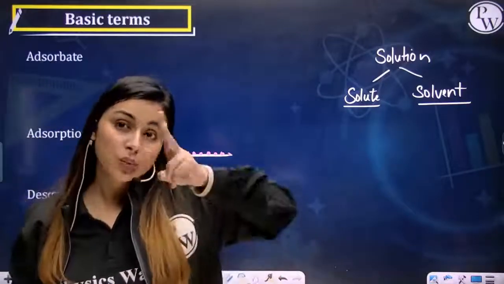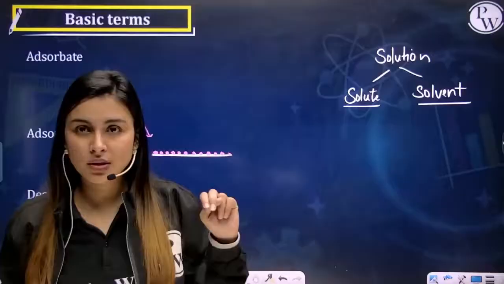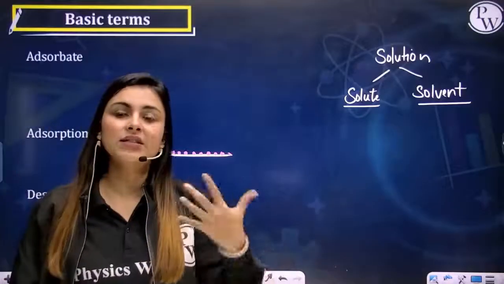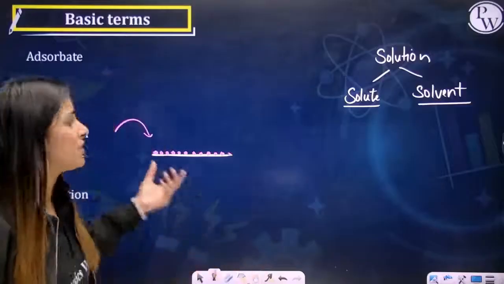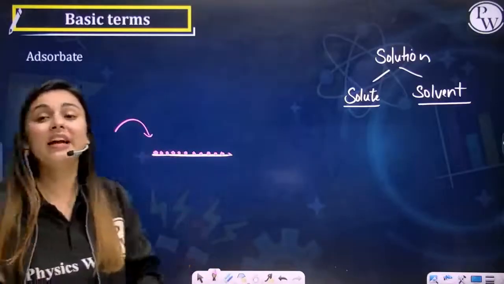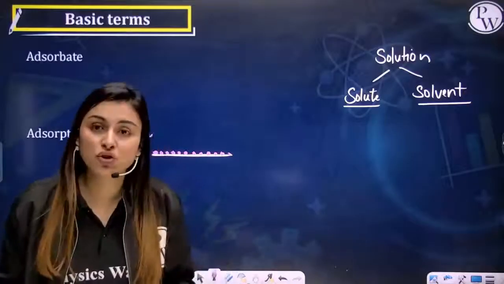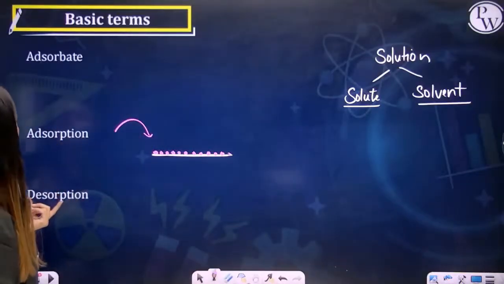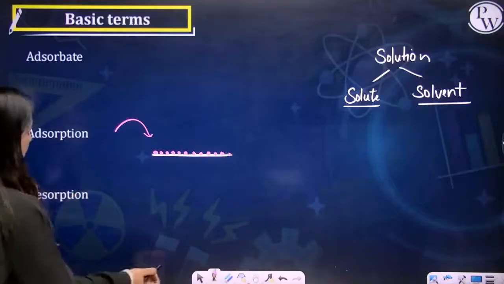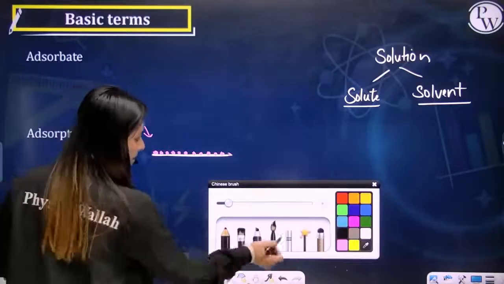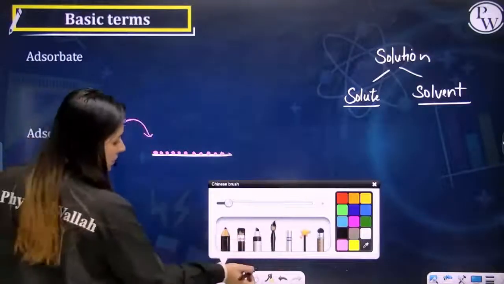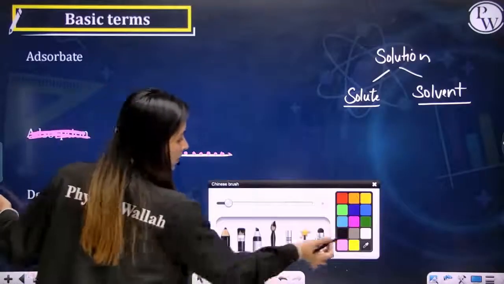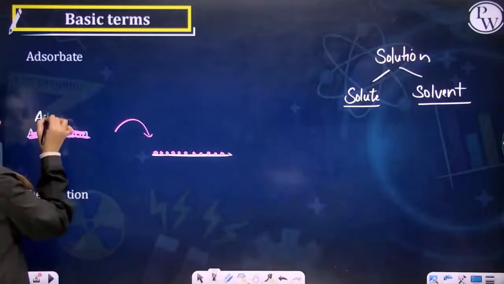The one that gets adsorbed on the surface is known as your adsorbate, and the one that provides the surface for the adsorption to occur, that is known as adsorbent. Just a second, you need to correct it here. This should be adsorbent.